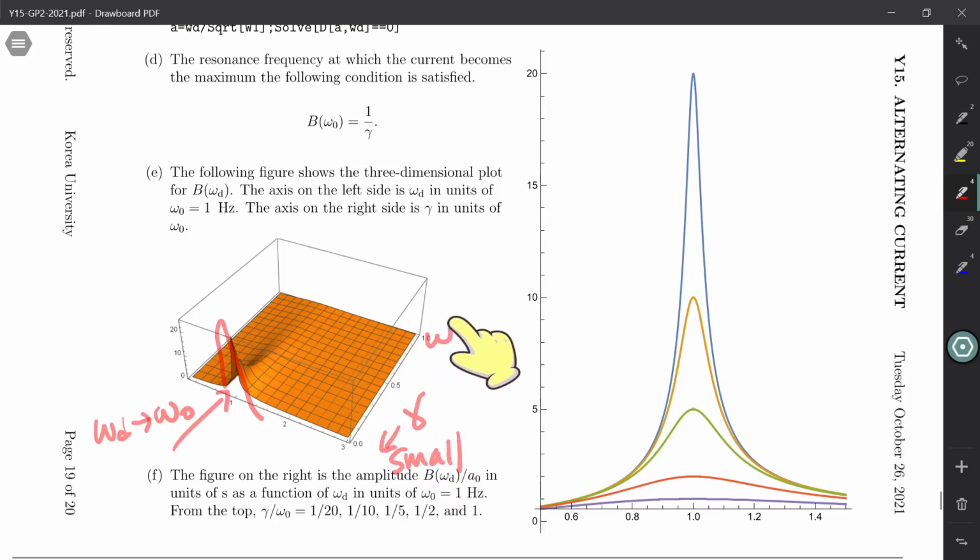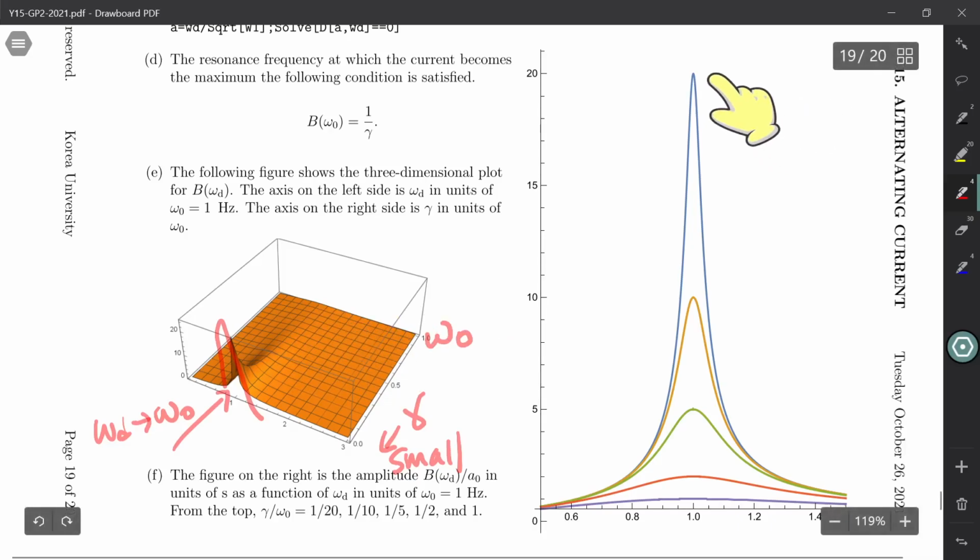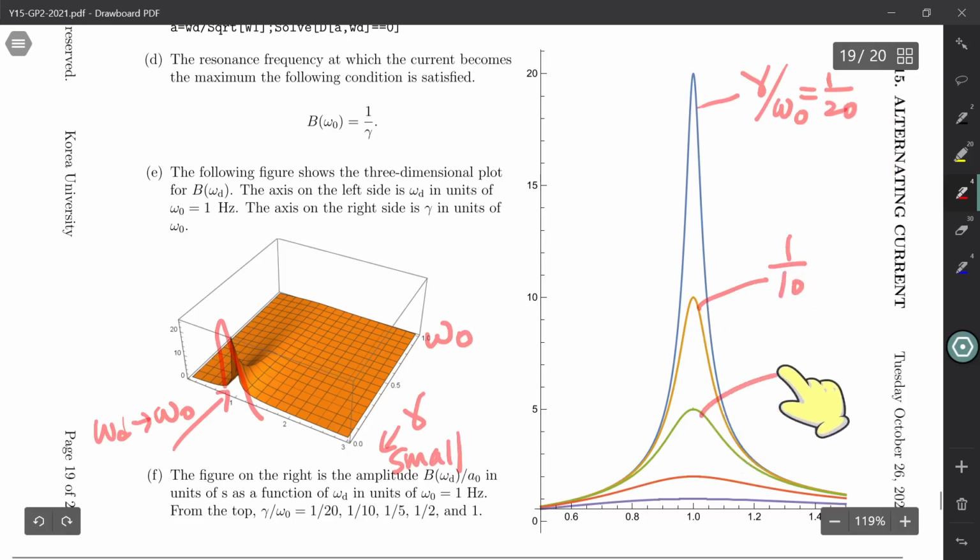So when gamma is very small compared to omega 0, here gamma over omega 0 is 1/20th. This one is 1/10. This is 1/5. This one is 1/2. And gamma equals omega 0.